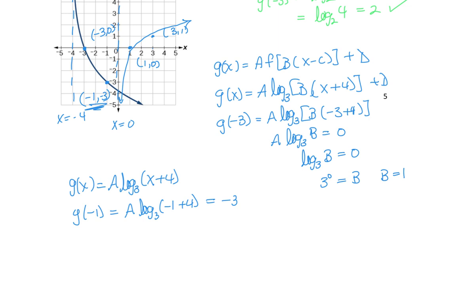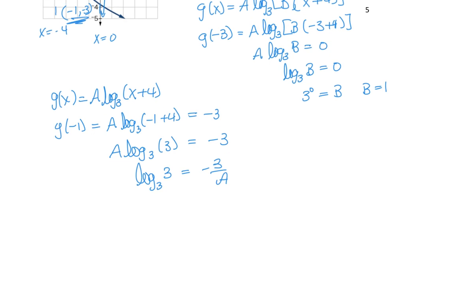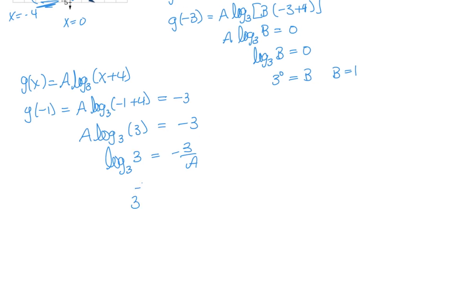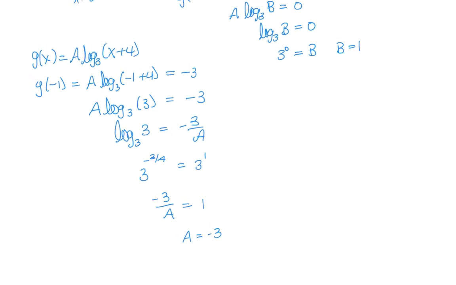So I have a, the log base 3 of 3 has to equal negative 3. Divide both sides by a, the log base 3 of 3 is equal to negative 3 over a. 3 raised to the negative 3 over a has to equal 3. That means negative 3 over a has to equal this exponent, which is 1. That means a has to equal negative 3.